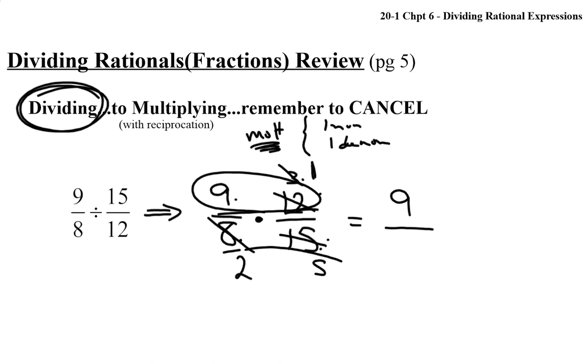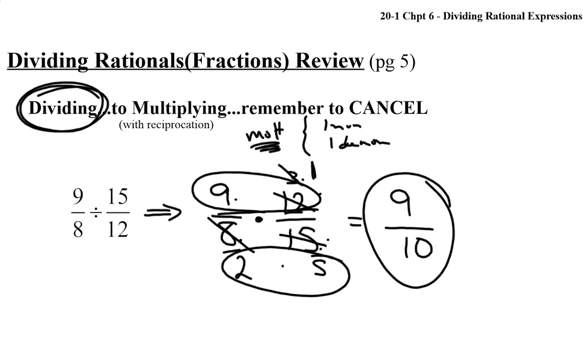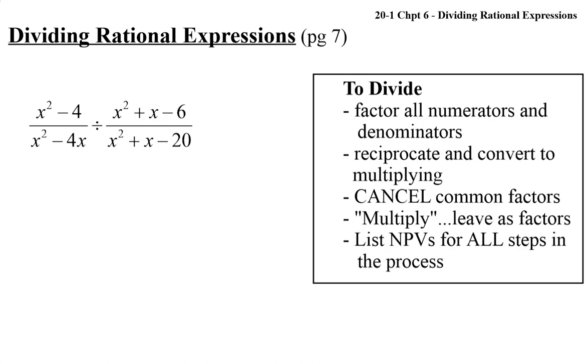All we have left in the denominator is 2 times 5, which is 10. So there's our final quotient. 9/8 divided by 15/12 is 9/10. That's division. Multiply and reciprocate your second rational, and then all you have is multiplication.